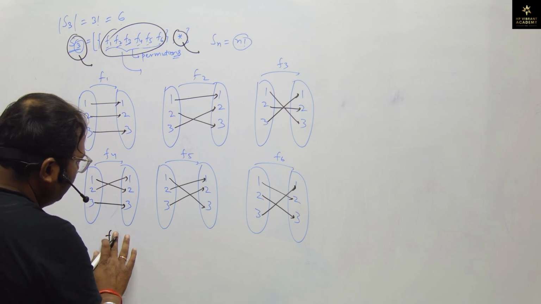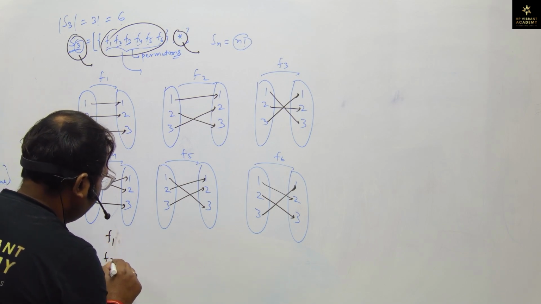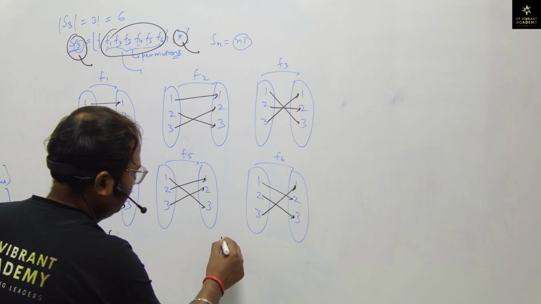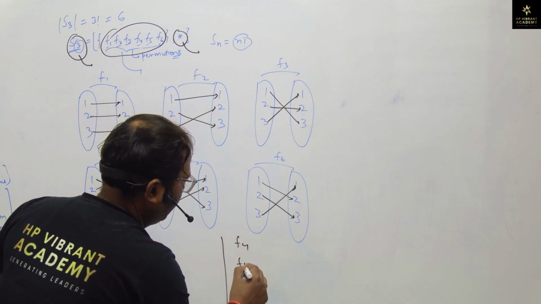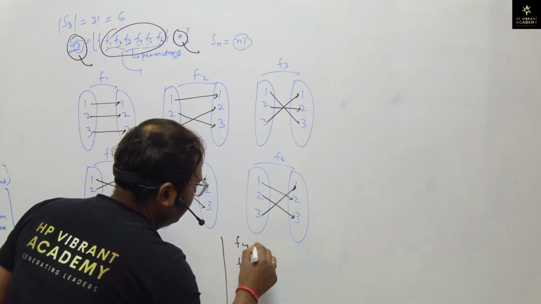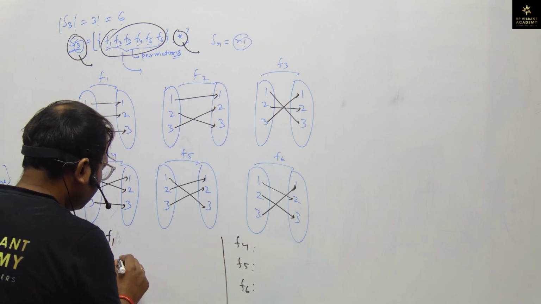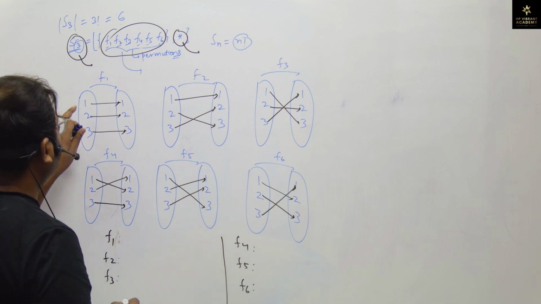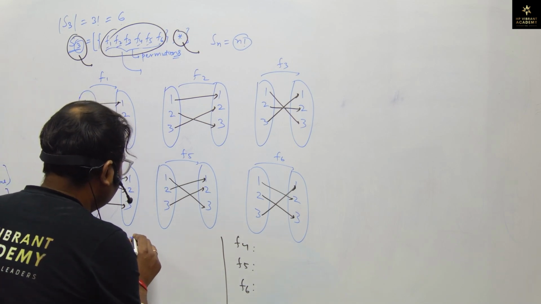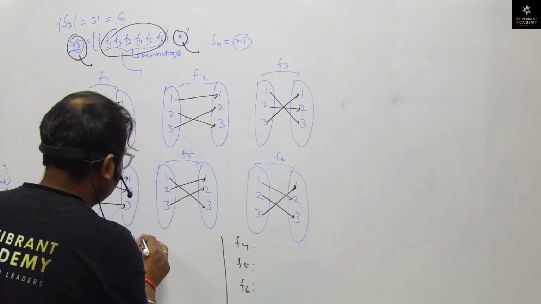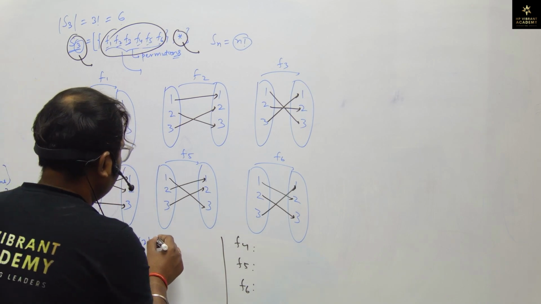Let us write down the elements here. This is F1, F2, F3, F4, F5 and F6. We are representing this in cycle notation. Here 1 goes to 1, closed. Now 2 goes to 2 and 3 goes to 3.